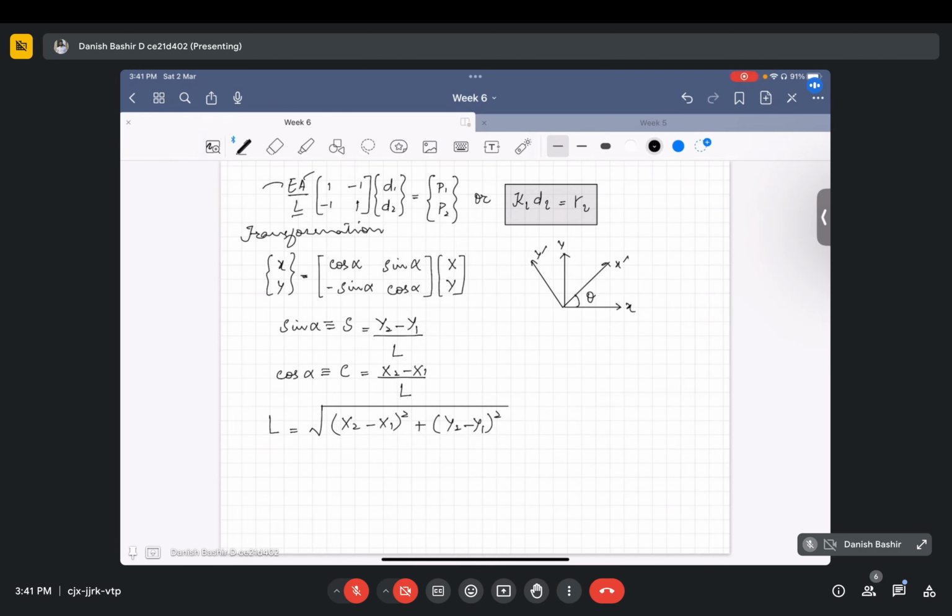One more thing we can write using this transformation is the relationship between local displacements and global displacements.